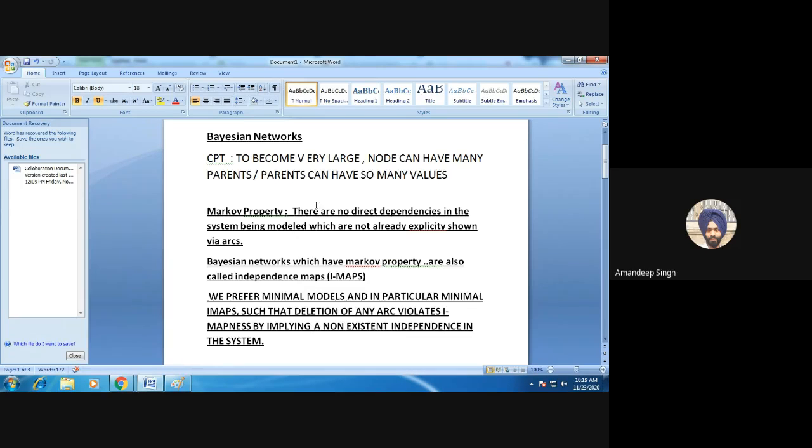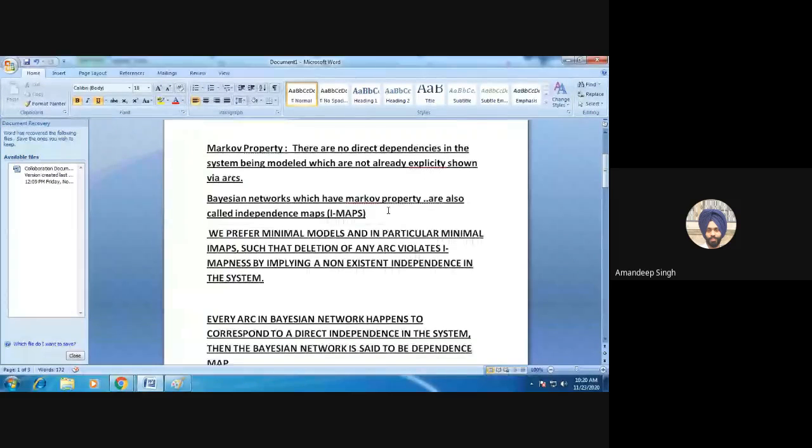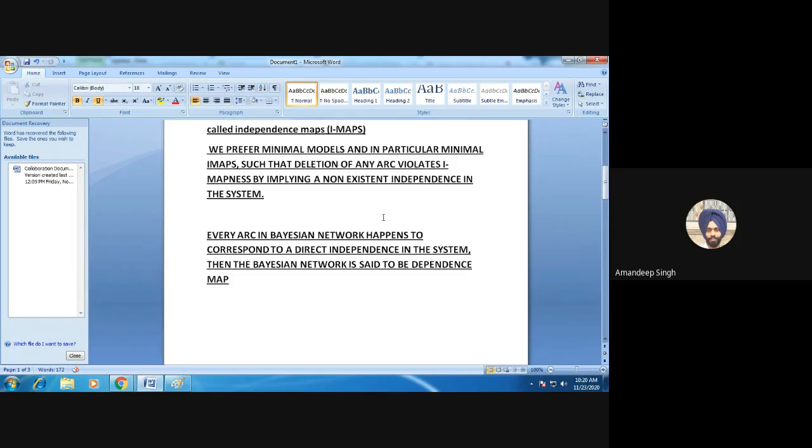And what is that? If there are no direct dependencies in the system which we are trying to model, then that is a good show of a Markov property. These are also referred to as independence maps, and the ones which have dependencies in the given system are said to be dependence maps.